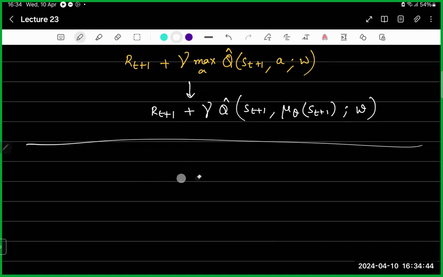Let's say someone gives you the Q function. What was mu theta for us? For a given Q, it should give you the best mapping from state to action, right? So let's say there is a Q function given to you, that is your current estimate of your neural network with weights W. Then what is it that we want the mu to satisfy?